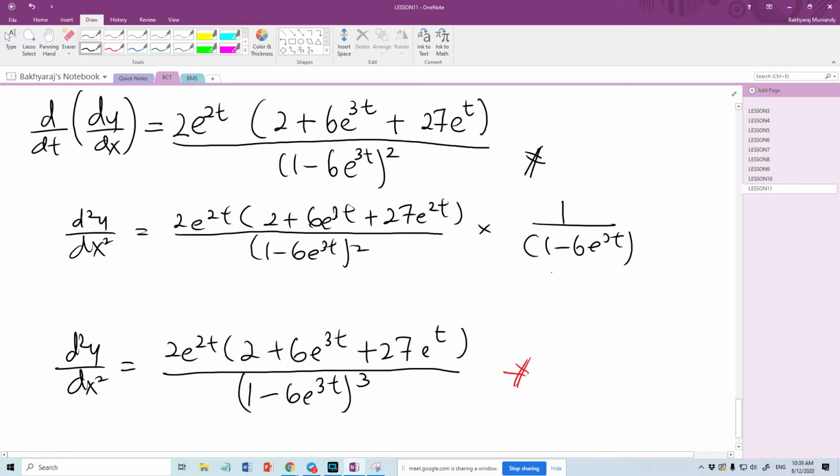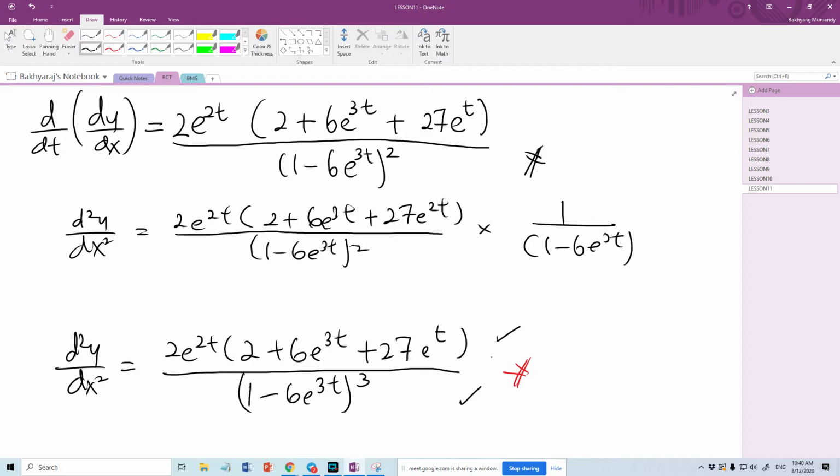Okay, ini yang you kena dapat lah. So 1 time this, you get this answer. And 1 minus 6 exponent 3t square times this, you get power of 3 dah. Okay, yang bawah ni. Okay, so I think we have completed the parametric equation for the second order. Okay, finish. We have completed this.